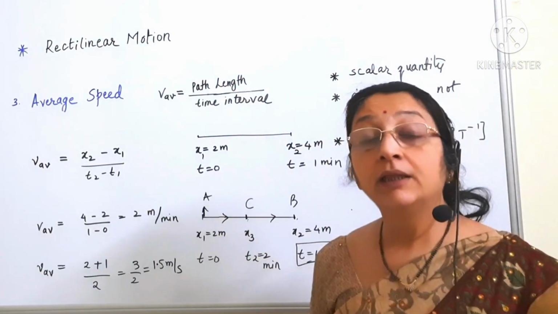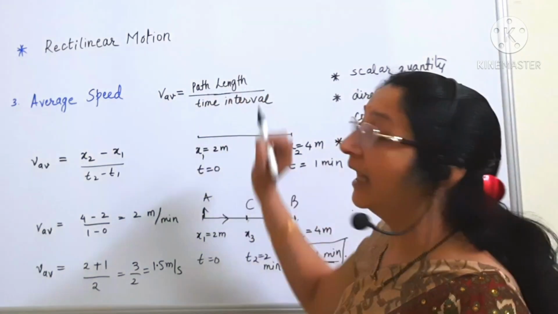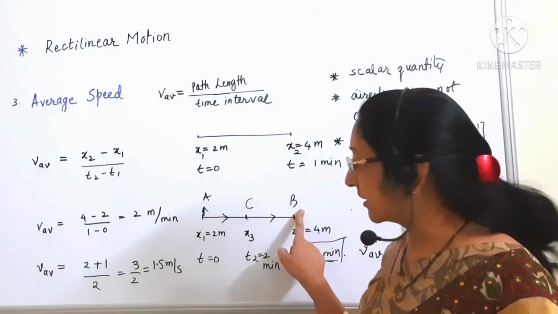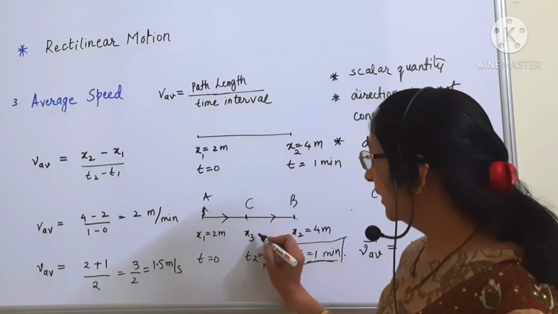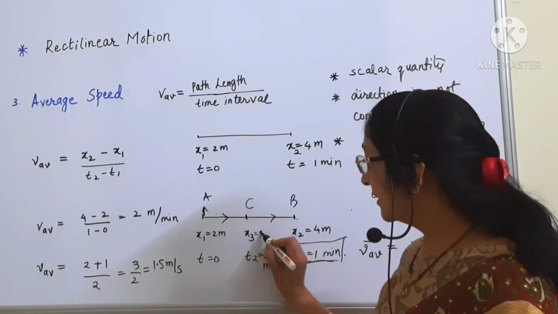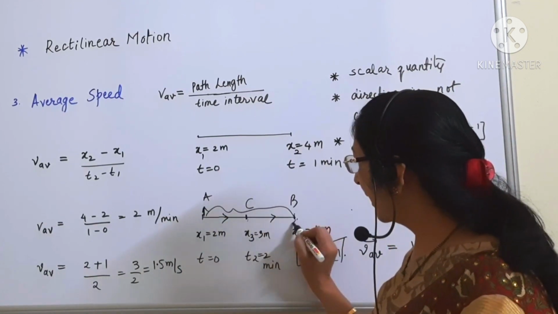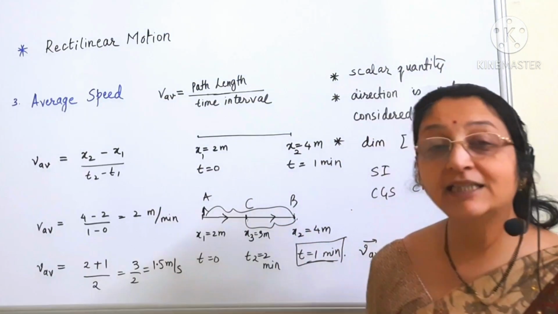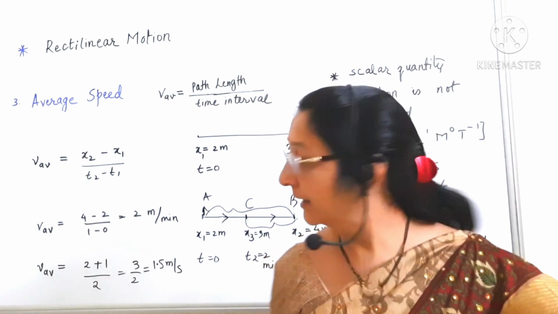So, what is the average speed of the particle? It is the path length over time. How much is the path length travelled? From A to B is 2 meters, and from B to C is 1 meter. So, 2 plus 1, that is 3 meters the particle has travelled in all. So, the path length is 3 meters.